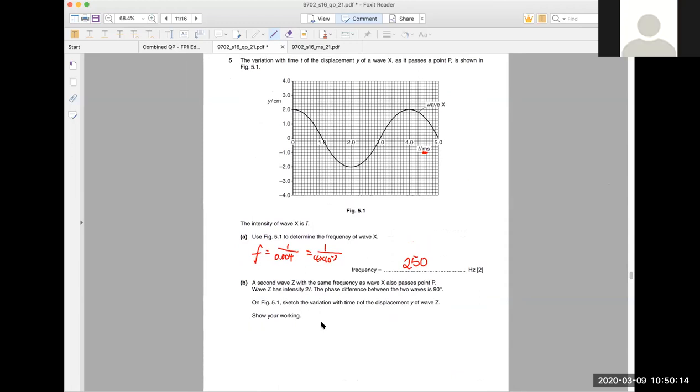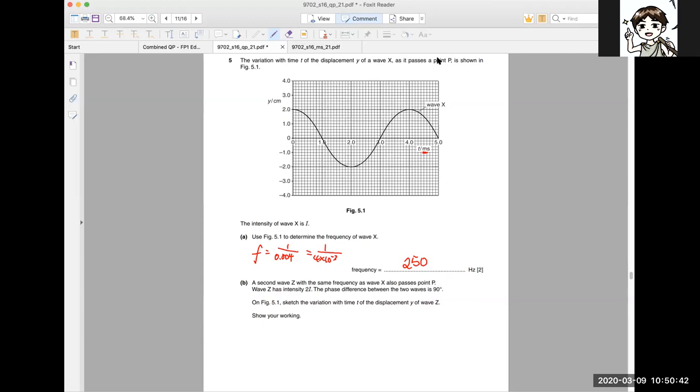Wait, we can calculate. Where is point P? No, it doesn't matter where point P is.